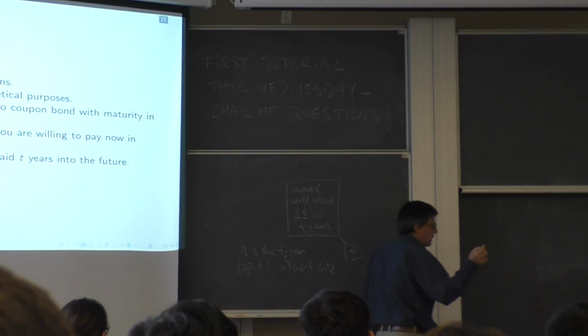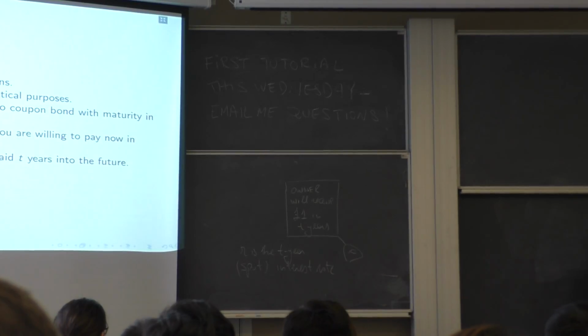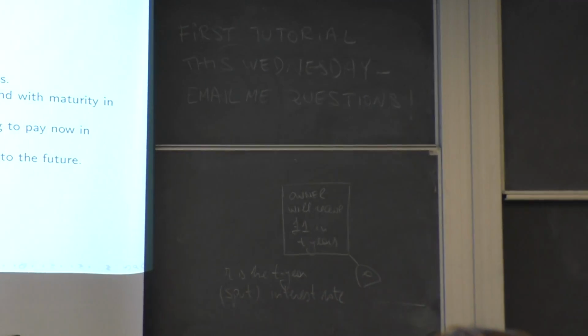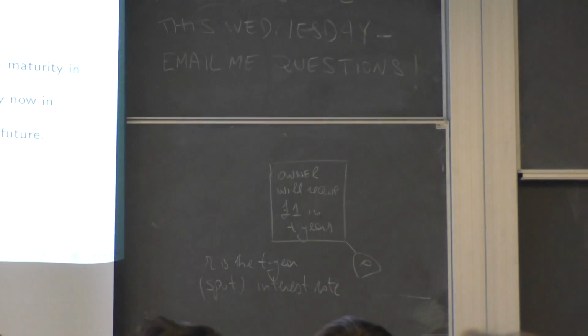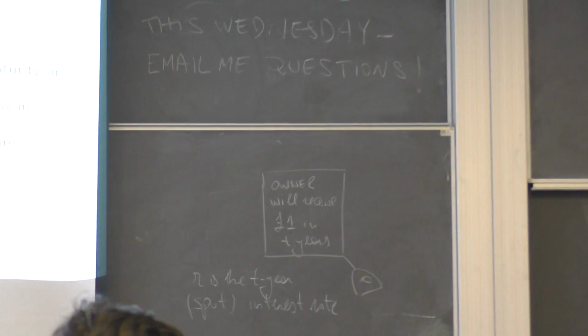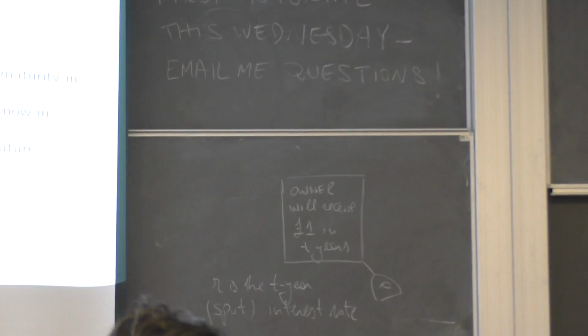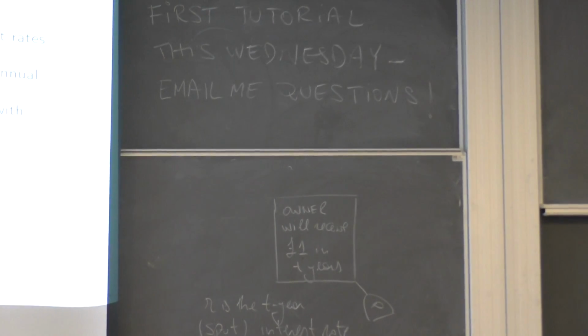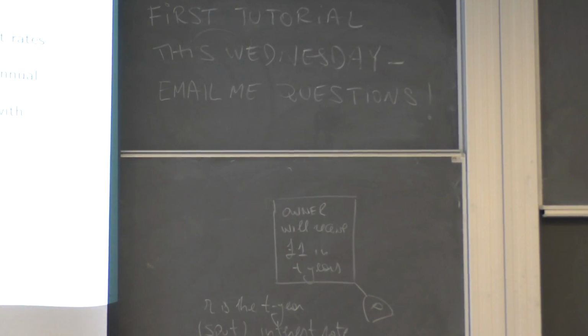Then we said there should be some relationship between P and R, the present value of £1 paid in T years, and the interest you get for T-year deposits. And then we figured out what this relationship should be.